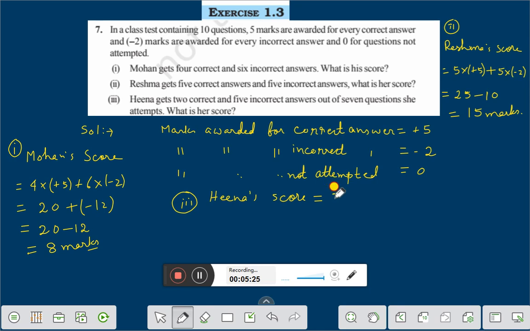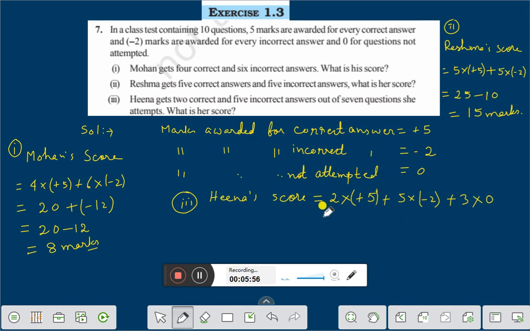That is 2 into plus 5, plus 5 incorrect answers. That means 5 into minus 2, plus, here you see 5 plus 2 is 7, so 3 questions not attempted, 3 into 0.